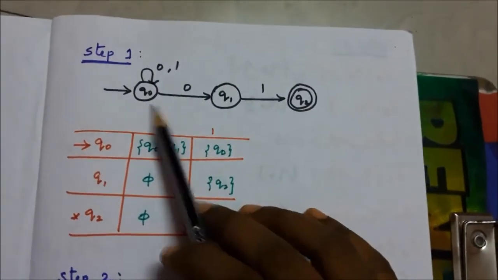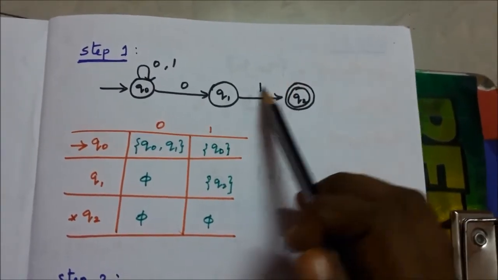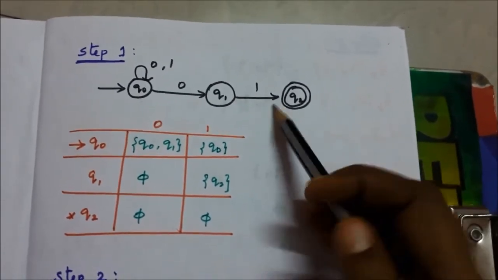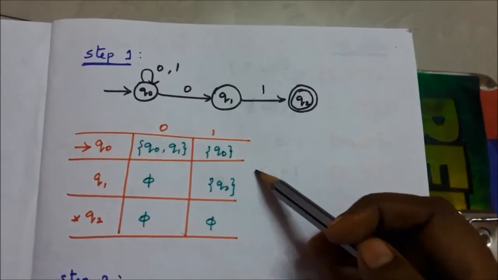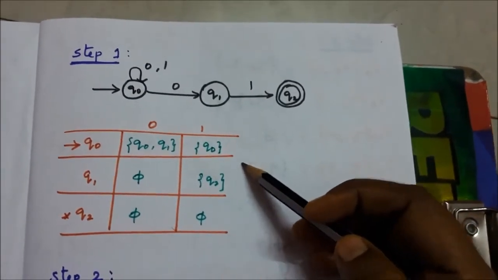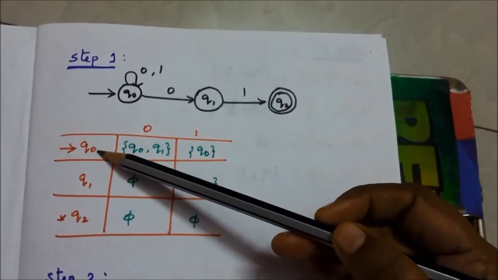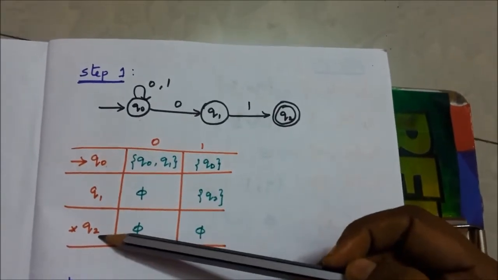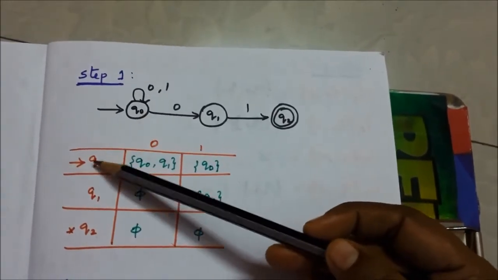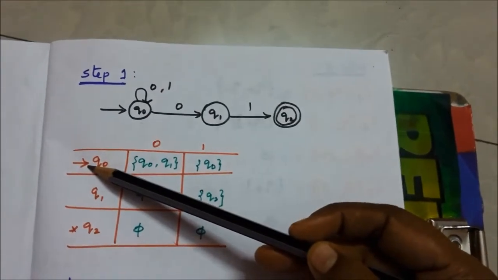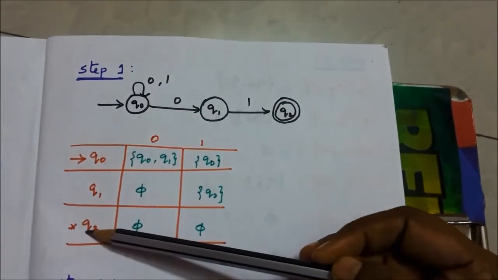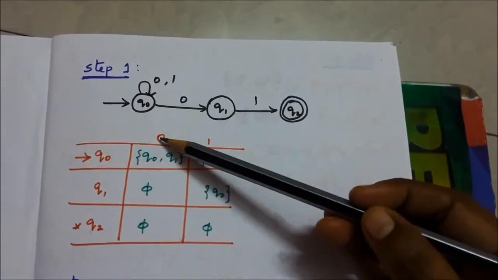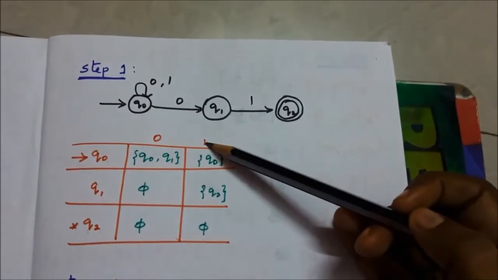So we know that there are 3 states and the transition diagram is given. We are going to identify the first step, the transition table. The states are Q0, Q1 and Q2. The initial state is Q0, Q2 is the final state, and the input symbols are 0 and 1.